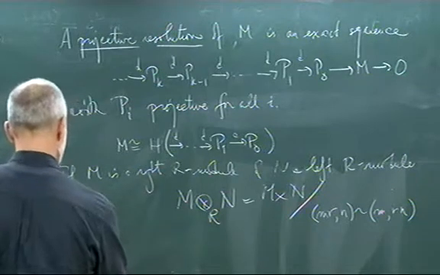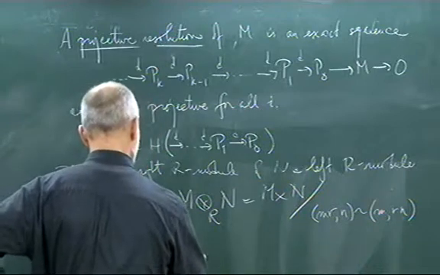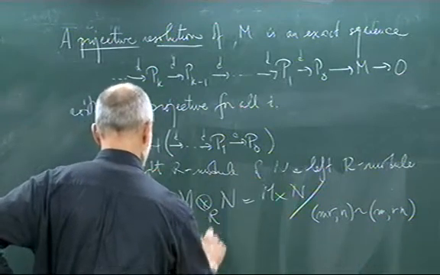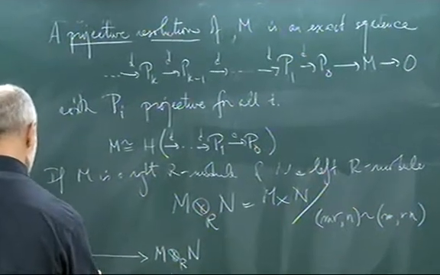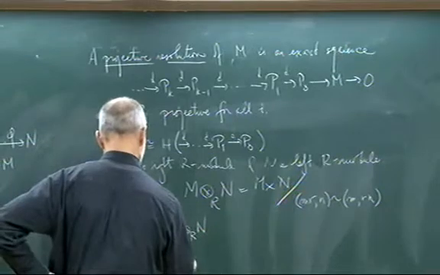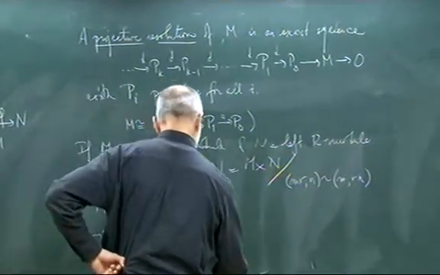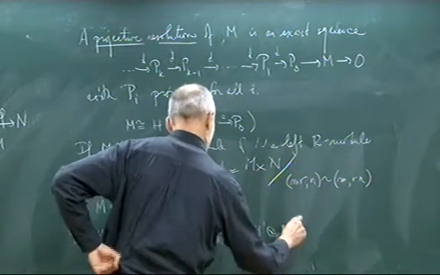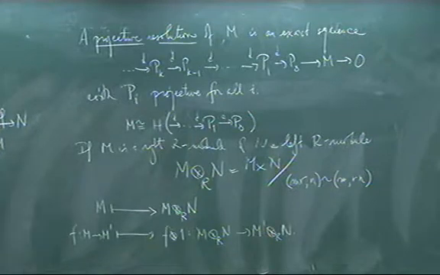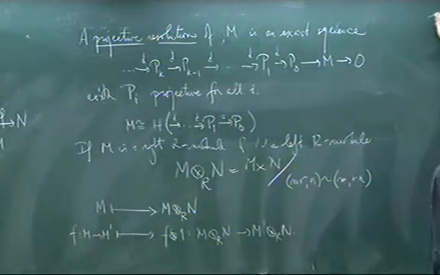So if I take the functor that associates to M, M tensor over R with N, and f from M to M prime goes to f tensor 1 from M tensor N to M prime tensor over R with N. So I'm interested in studying this functor.